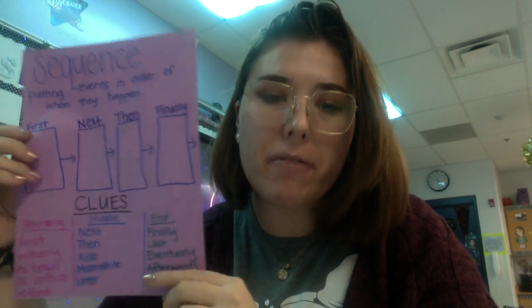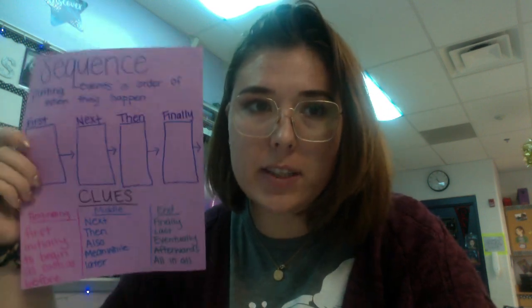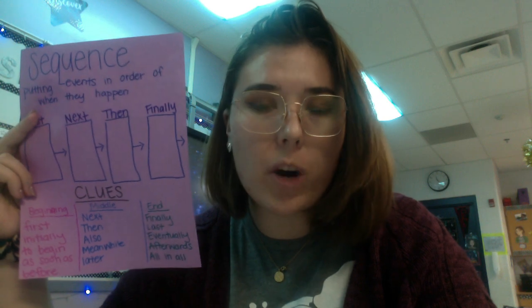So now that we've finished the basic guidelines of sequence and given ourselves some clues, we're going to put them in action. So, yesterday, you should have watched a video on the Western religions because we are starting our religion unit. So that is Judaism, Christianity, and Islam. So, what we are going to do is I would like you to go through those and do some summarizing.